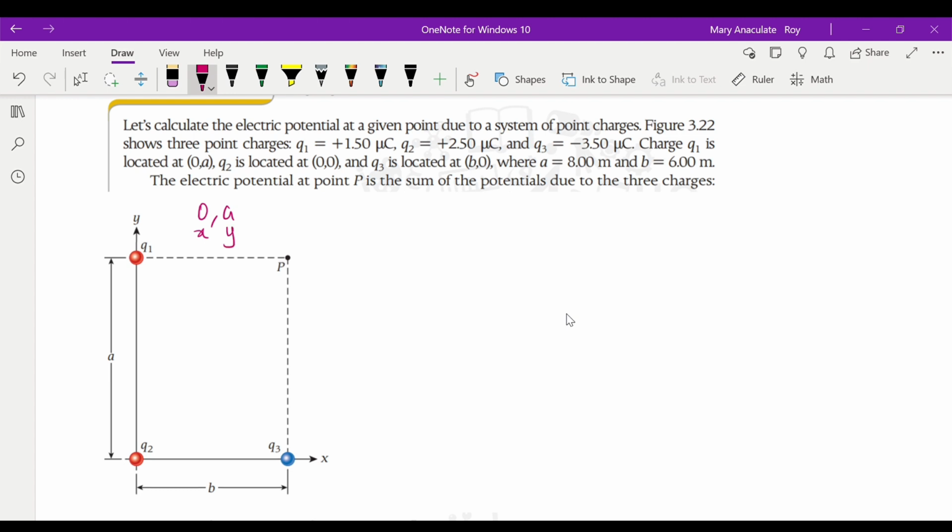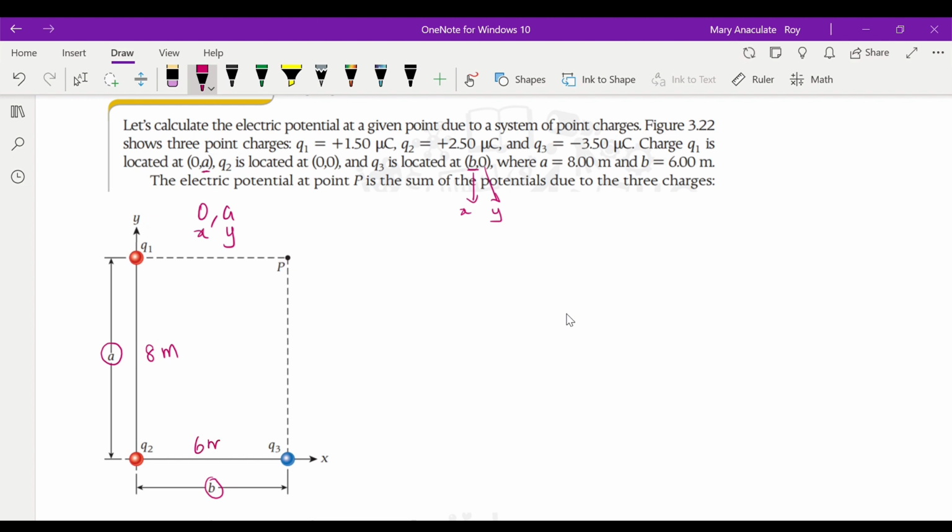So Q1 is vertically at a distance of A, and Q2 is horizontally at a distance of B. Don't swap the order, because x is B and y is A. On the x-axis you have B, and on the y-axis it's A, and A is 8 meters and B is 6 meters.